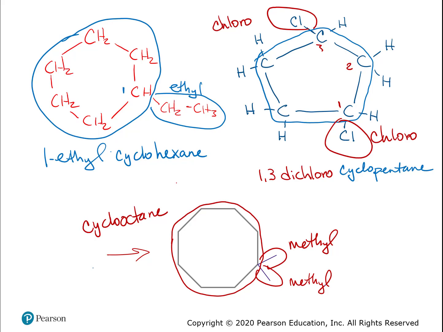So two methyls means it's a dimethyl. And which carbon would it be on? Carbon 1. So you could have 1, 1, or you could just call it dimethyl cyclooctane because that would say they're both on 1. Either way would be fine.